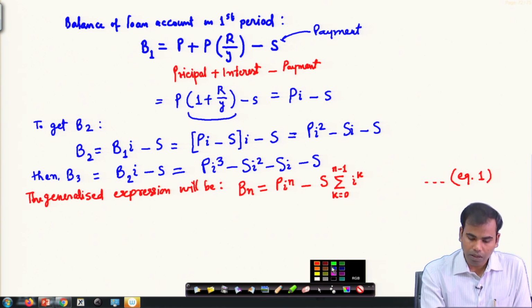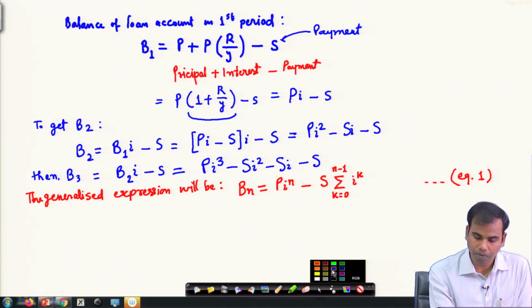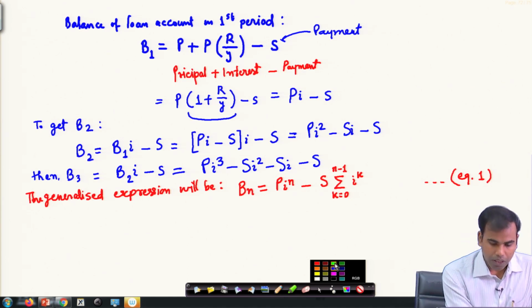Now, we know that this particular summation is a geometric progression or geometric series.